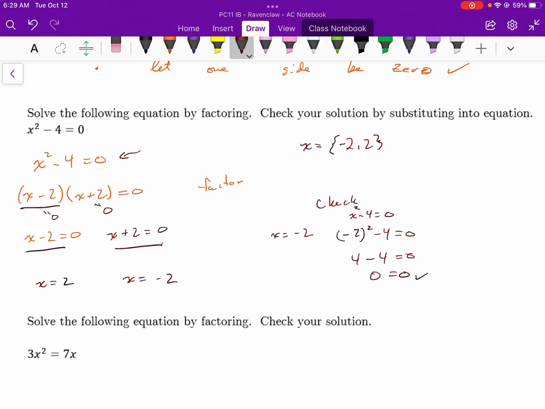So under this condition, our original equation is true. Now, x is equal to 2, and this would be our check. So we'd have 2 squared minus 4 is equal to 0. 4 minus 4 is equal to 0, or 0 is equal to 0. This also checks out. So our equation is true for the variable x when x is equal to negative 2 or x is equal to positive 2.